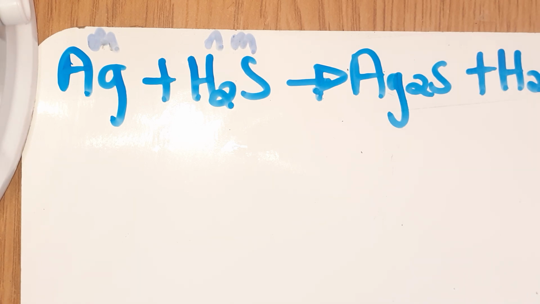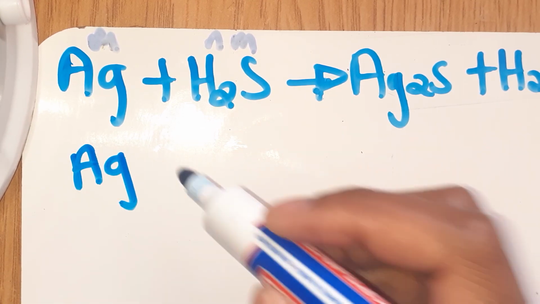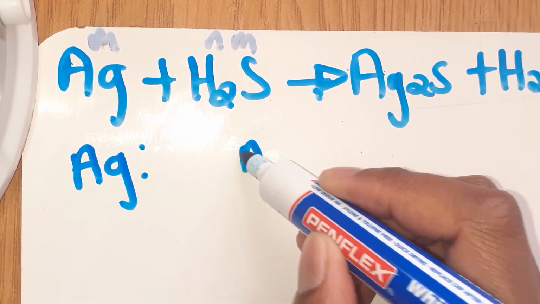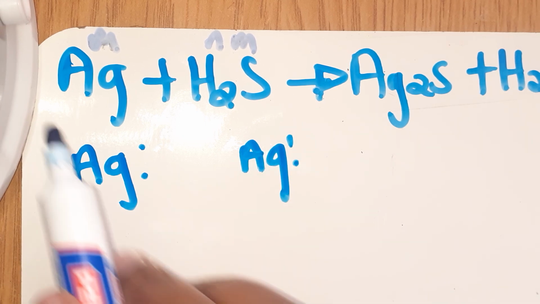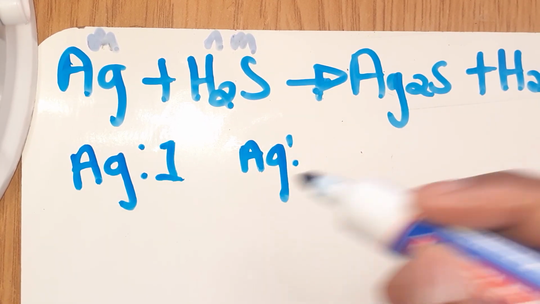Now the first thing to do is to balance metals, right? So step 1, I am going to balance Ag. Let's look for the Ag this side and this side. So the coefficient here is 1. There's no number there, so this is 1.